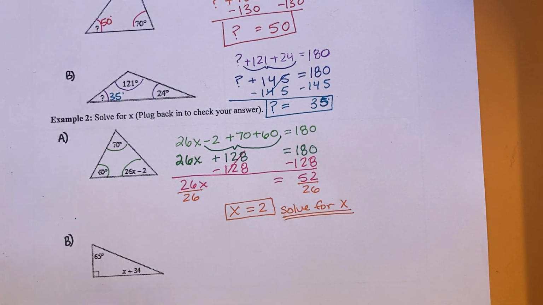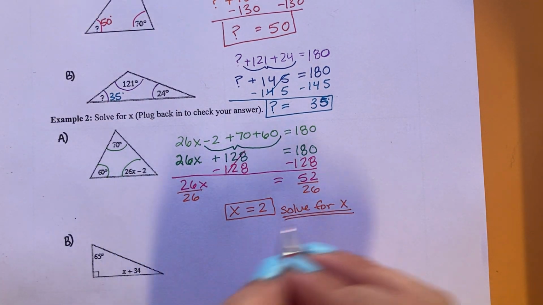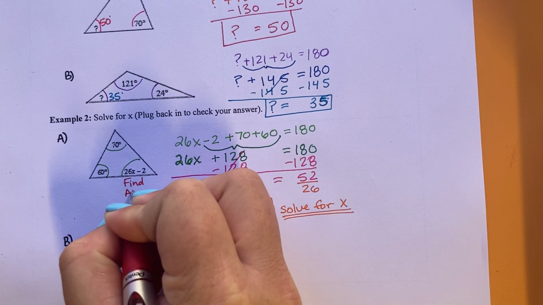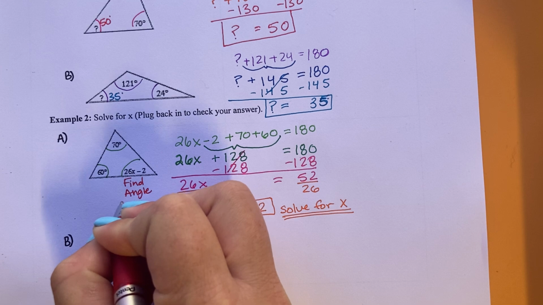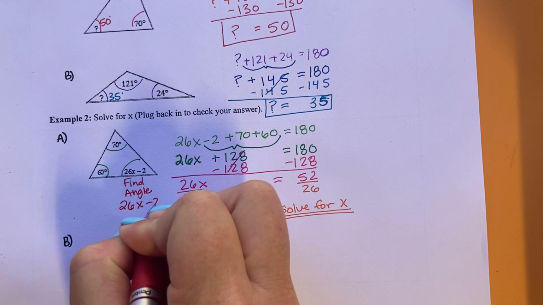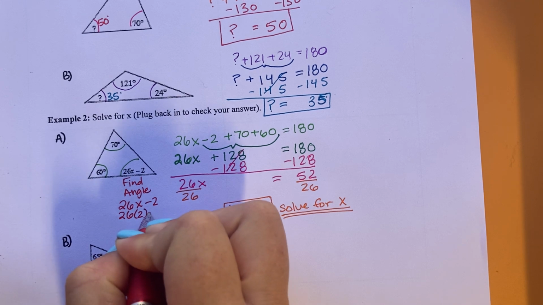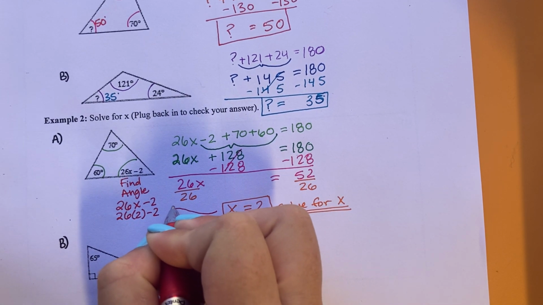So that would be solving for x. If they want us to solve for the angle, we would need to take this 26x minus 2 and plug in our x.